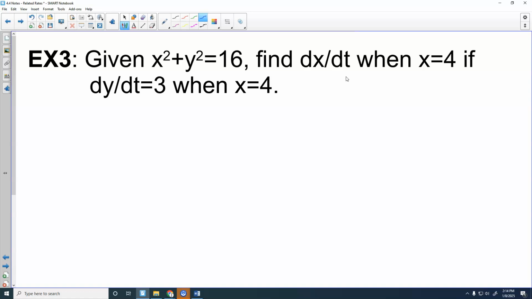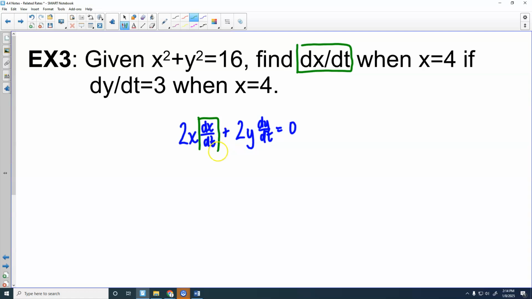So we'll do the same thing we did on the last problem. Take your derivative. So you'll have 2x dx/dt plus 2y dy/dt equals 0. And then it's asking us to find dx/dt. So dx/dt is what we're looking for.